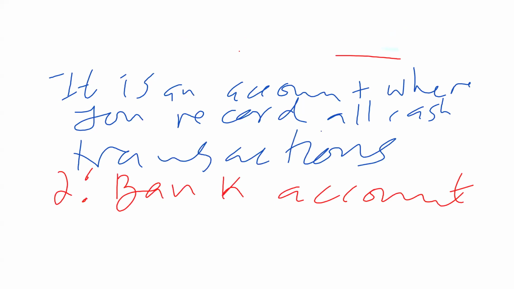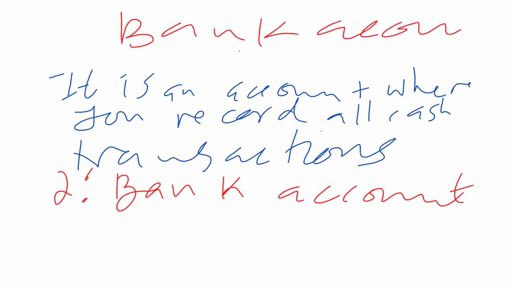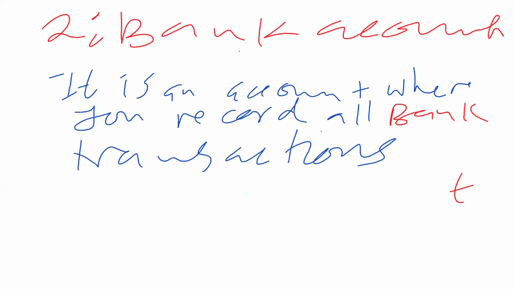Okay. So let me write like this. The bank account, which is actually number 2, is where you record all the transactions that involve the bank. We call them the bank transactions. Those that involve checks are recorded in the bank account.